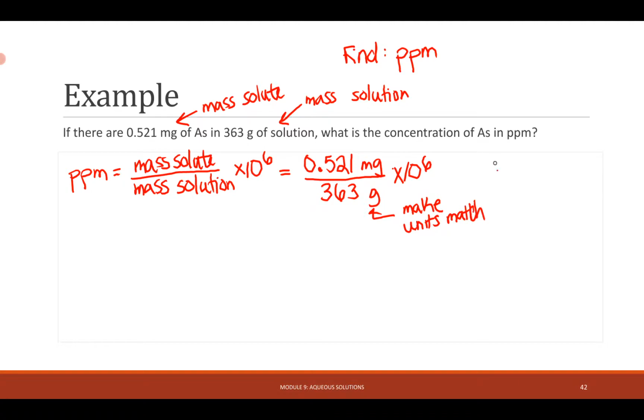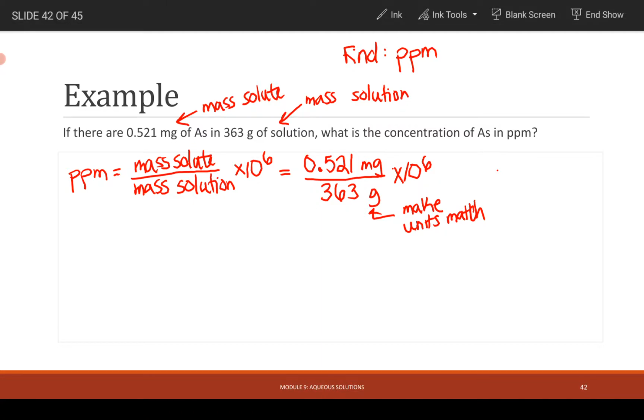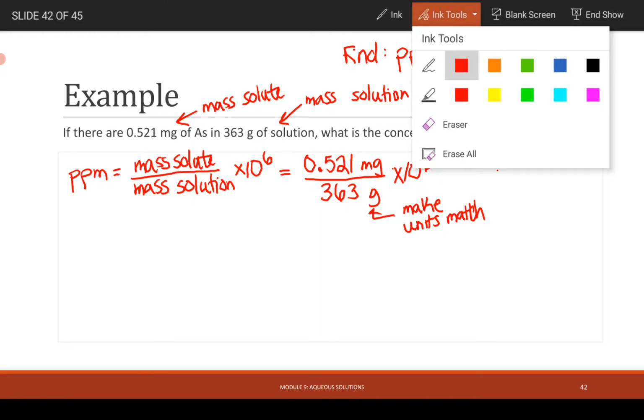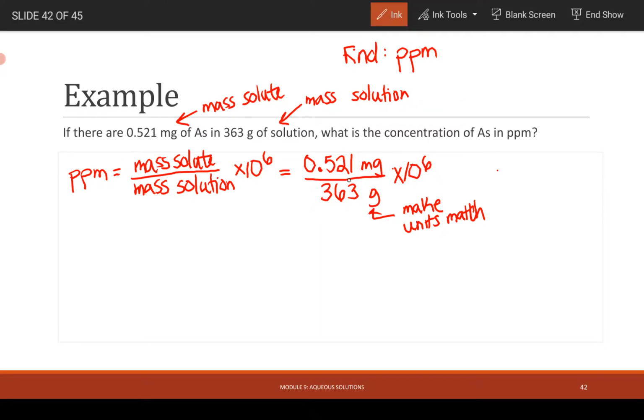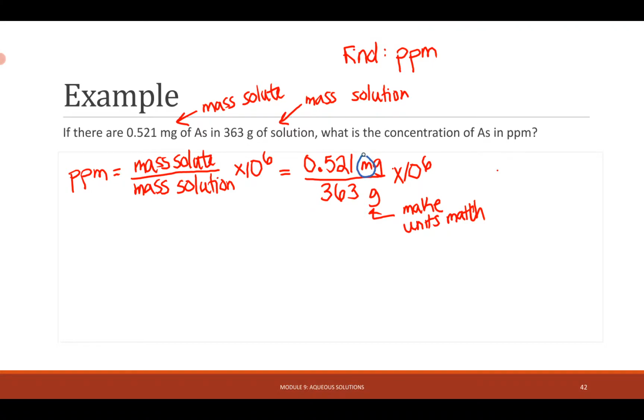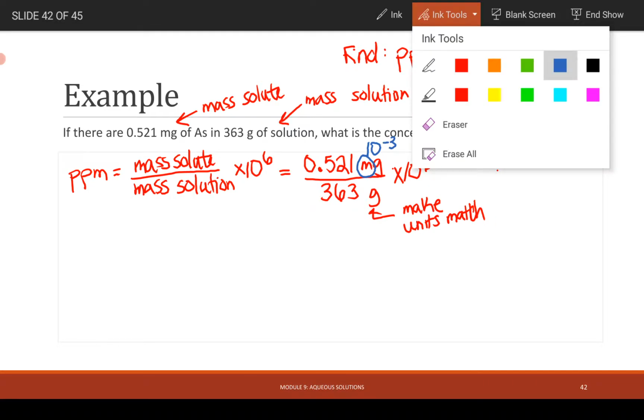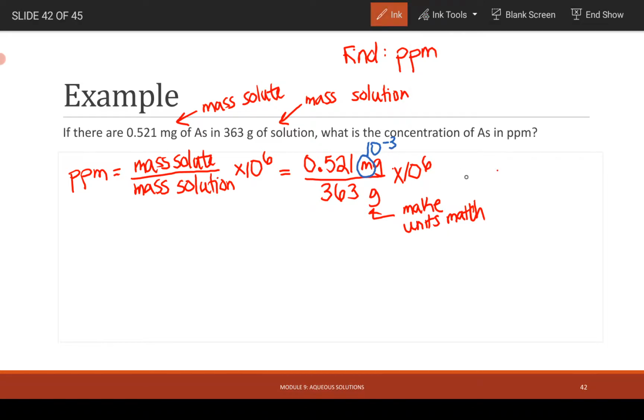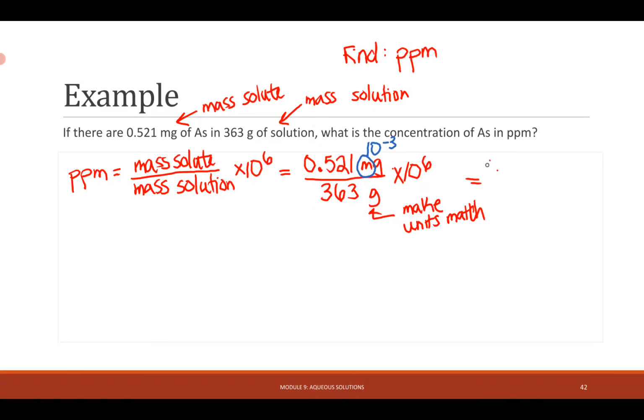One of the easiest, laziest ways of making them match is to just replace that prefix letter with its scientific notation equivalent. So I know that m stands for 10 to the minus 3. So I can just plug that in wherever I see the letter.